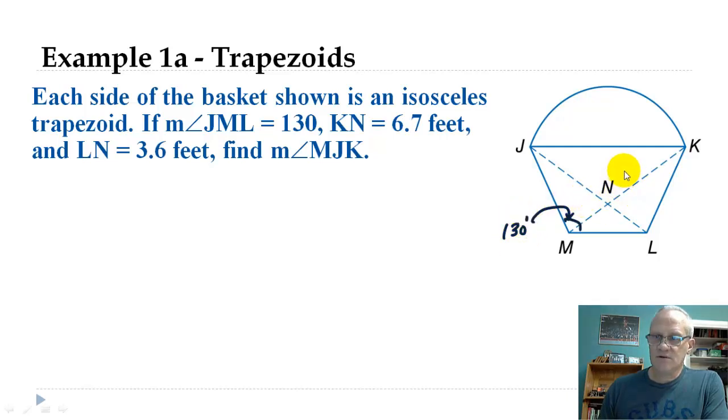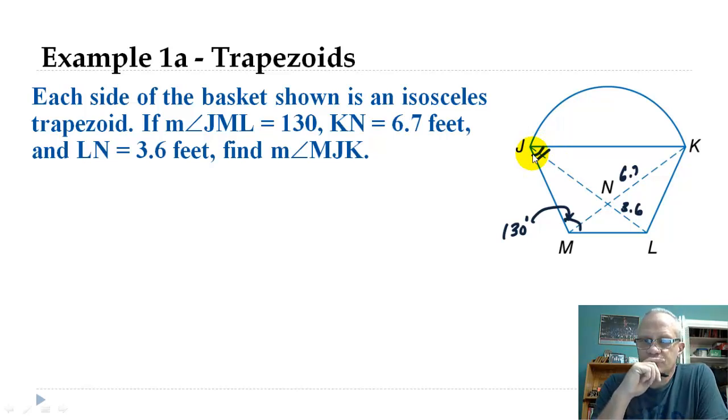KN is 6.7 and LN is 3.6. We want to find MJK. Well, where is MJK? MJK is this angle up here, that whole thing. Any ideas? What do you think?